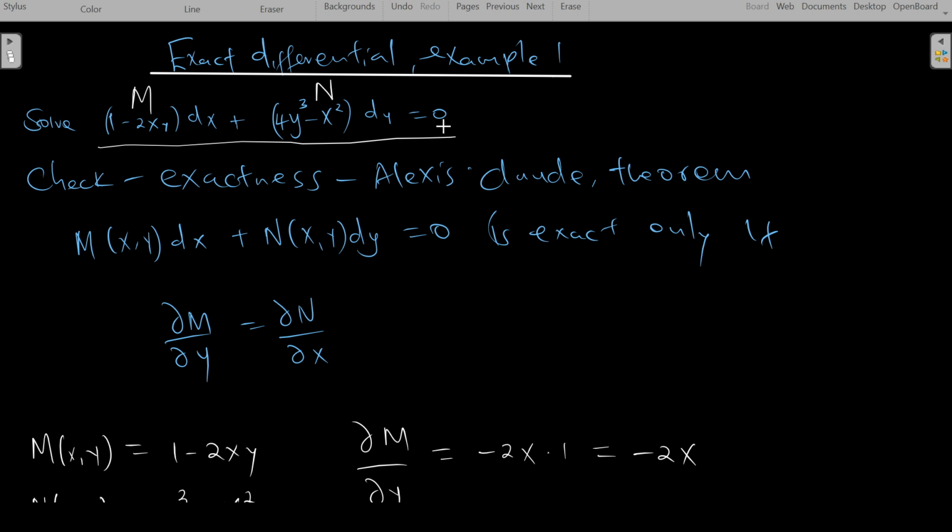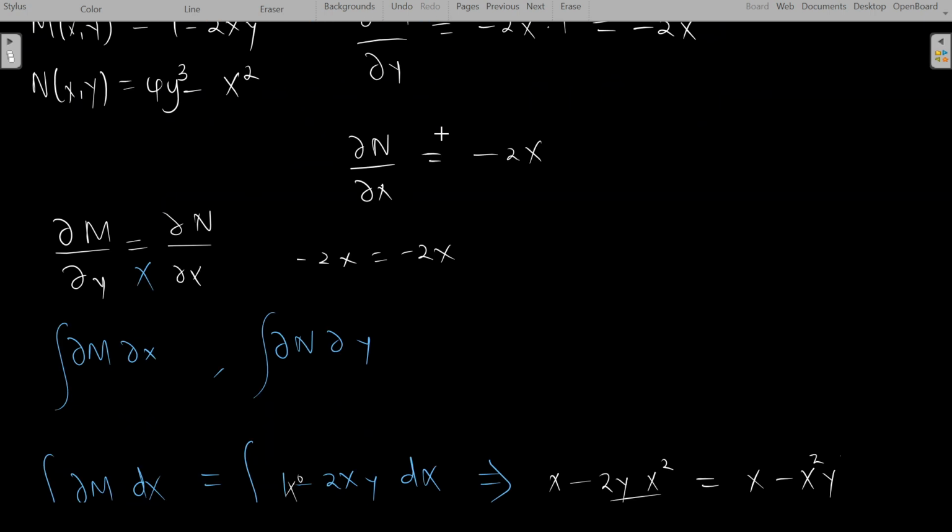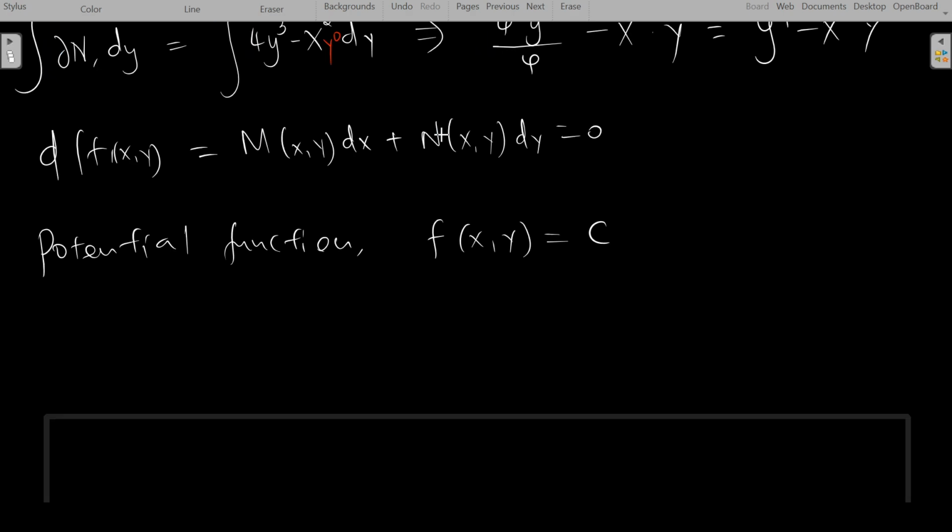That's the core concept of this video. So our potential function is our original function, the one we had earlier differentiated.